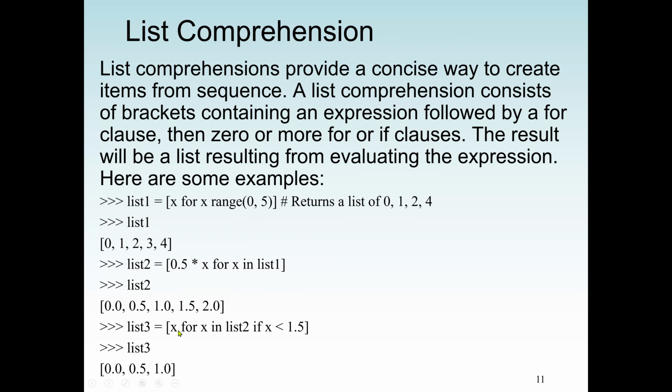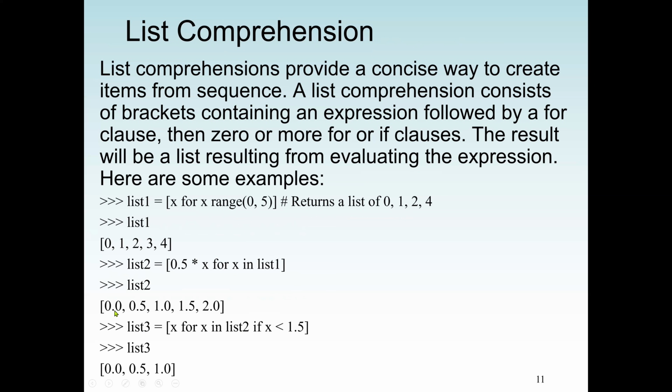Now the next one, we say x for x in list 2 if x is less than 1.5. So this means we are creating a new list. And the list will be all the items in list 2 that are less than 1.5. And we're going to store those items in a list called list 3.